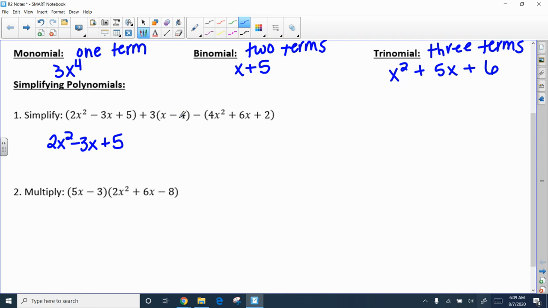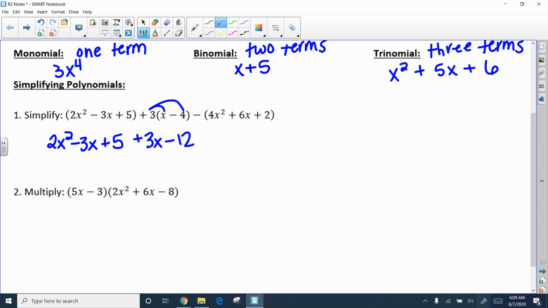Now for this one, to write it without the parentheses, I have to multiply both of these by 3. Since it's a plus 3 times x minus 4, I can distribute a positive 3 to both of those. This will give me a plus 3x and a minus 12. Always be careful of your signs.